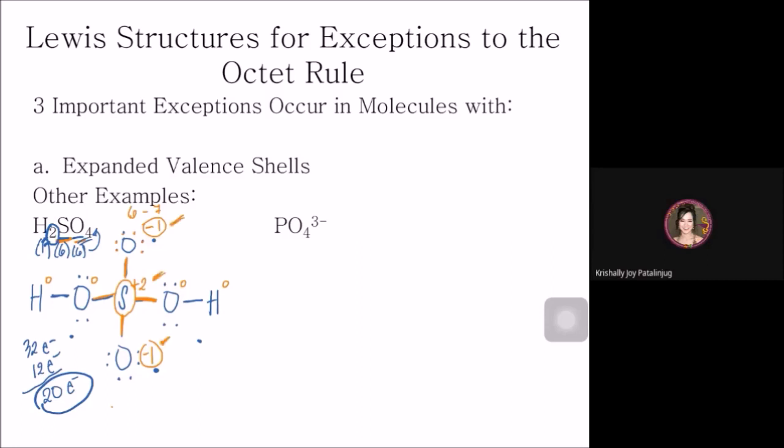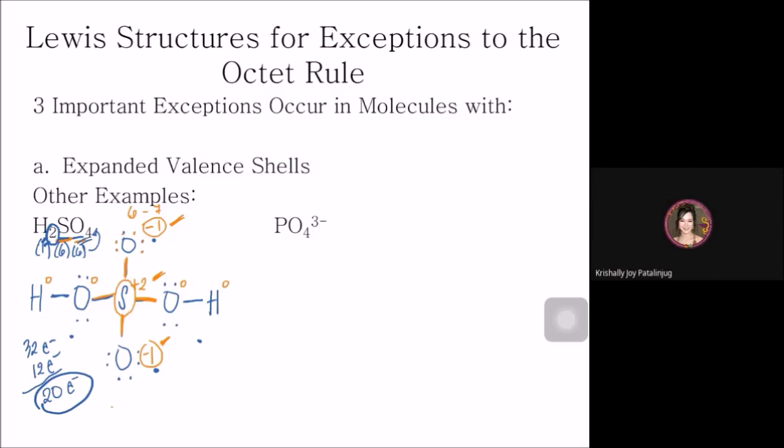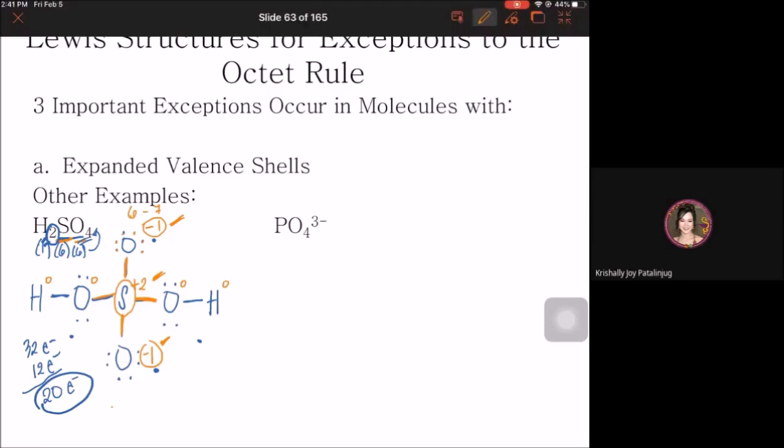And remember, sa criteria natin in determining a stable bonding ng atoms in a molecule, yung several non-zero formal charges, di ba, it is not preferable. That is why, in this case, si sulfur needs to expand its valence shell.